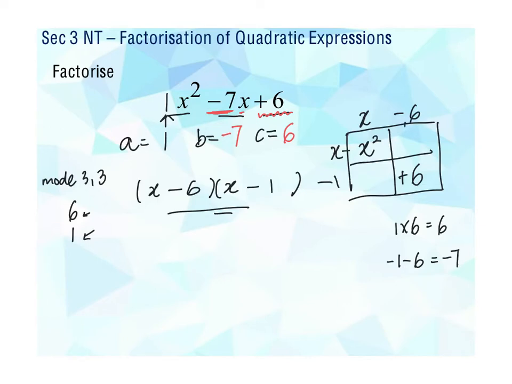Negative 6 times x is negative 6x. X times negative 1 is negative x. I must check that minus 6x minus x gives me negative 7x. So if this is correct, that means my answer will be x minus 6, x minus 1.